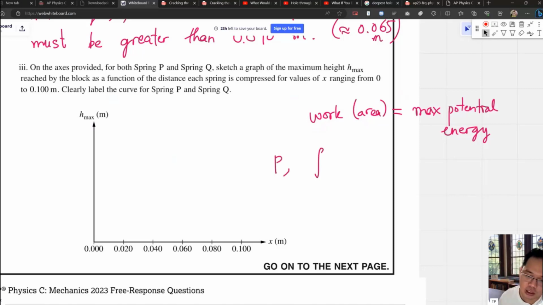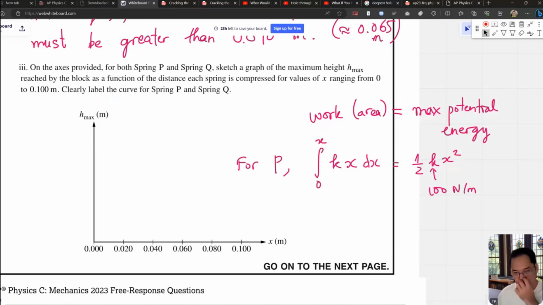So for P first, the force is linear and represented by k times x dx. So this integral is 1/2 k, where we know the value of k is constant, 100 Newton per meter, times x squared, right? Yes. Taking the integral from 0 to x. So this is the work, and it's equal to the potential energy mg h max.